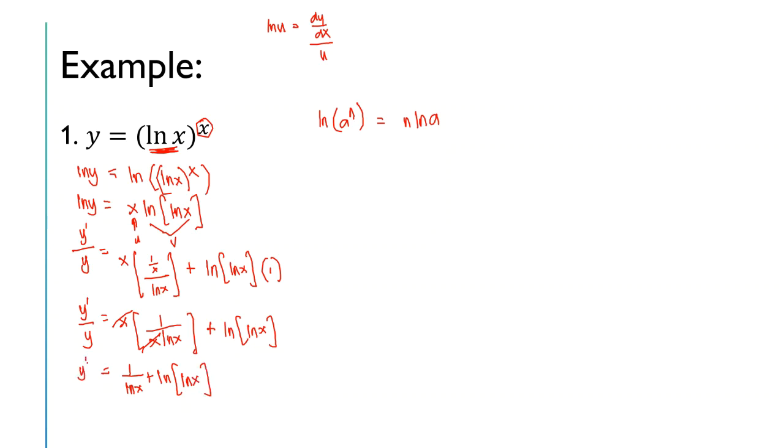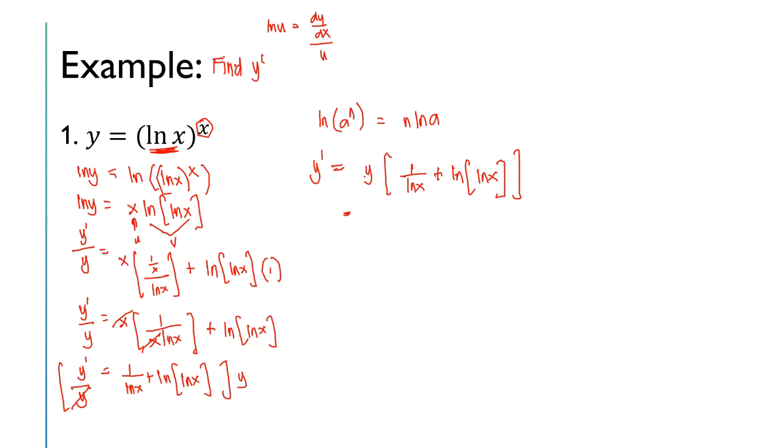You have to remember that we need to find our y prime. In order to isolate y prime, we multiply both sides by y, so we can cancel the y here. This becomes y prime is equivalent to y times (1 over ln x plus ln of ln x). Then you have to substitute back the original value of y, which is ln x raised to x.